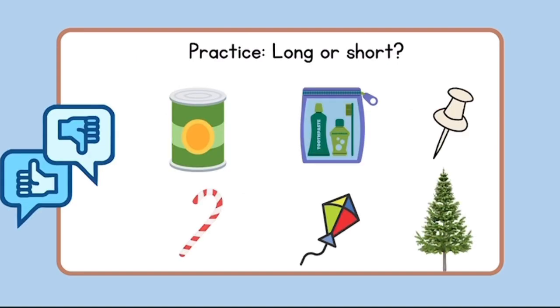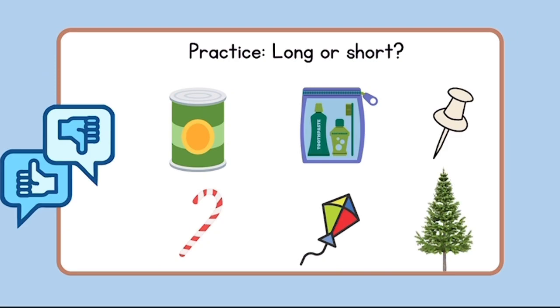Then for the practice, I'm going to ask them to sort the words and tell me with thumbs up or thumbs down if the sound is long. If it's not, they're going to give me thumbs down.